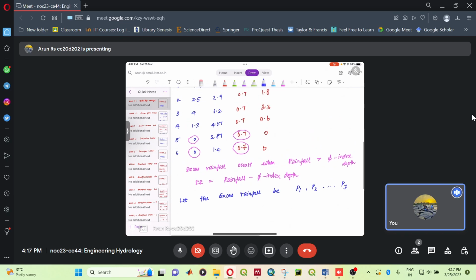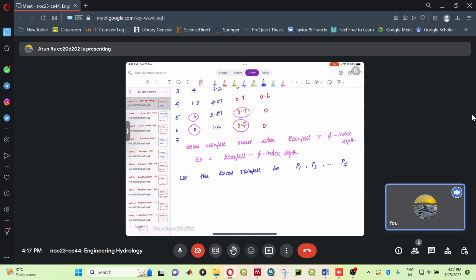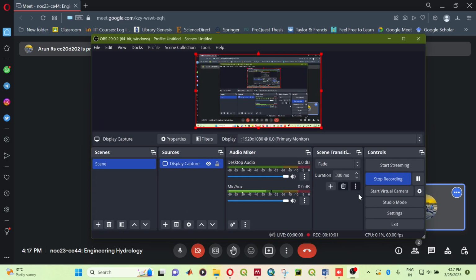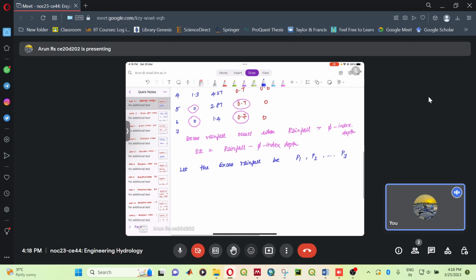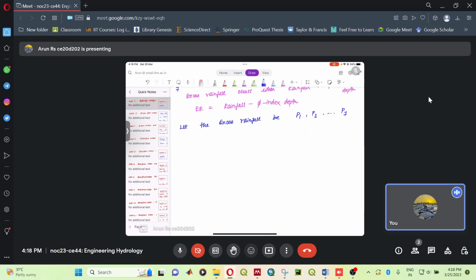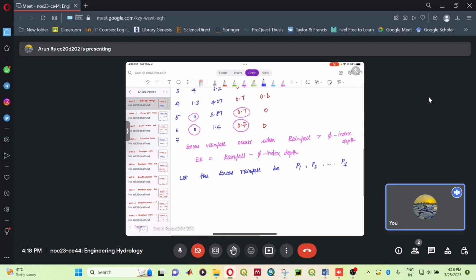So here at last we will be having the 7th hour. We'll come to that. So we'll have P1, P2, so on up to P7. Now we need to multiply P1 with the unit hydrograph coordinates U1, U2, U3, so on.